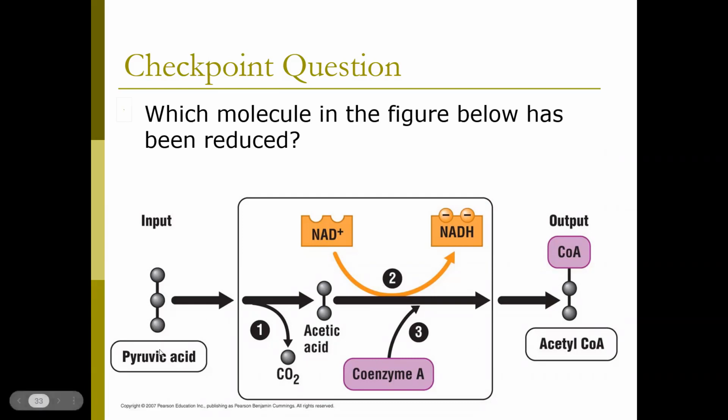Is it the pyruvic acid? Nope, that one's being oxidized. Is it the coenzyme A? Nope, it's just a coenzyme. Is it the acetyl-CoA? Nope, that one didn't gain any electrons. It's the NAD plus that got reduced to NADH. So that's where those electrons ended up.